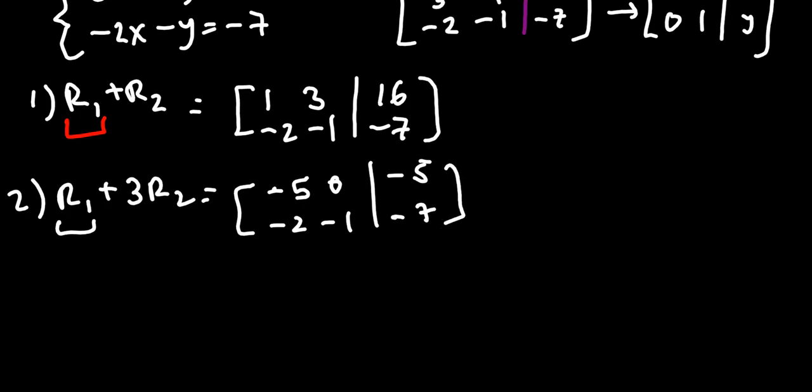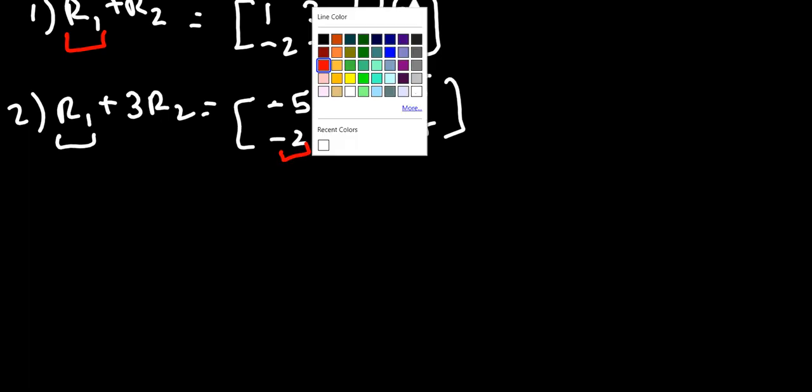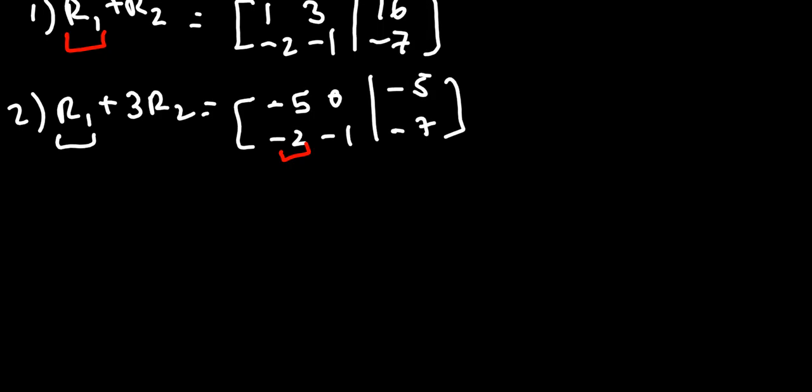So our next step, you can take multiple steps, but what I want to do is get a 0 in the second row. I want to make this 0. The way I want to do that is find the common factor between 5 and 2, which is 10. Our third step is 5 row 2s, and we're going to subtract 2 row 1s.